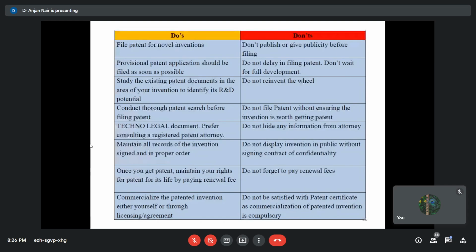Google Patent also gives results, but little more user friendly sites are also there. So do a thorough patent search first, which will establish that your work is new and novel. Once you have established it is new and novel, then you can be confident filing a patent.